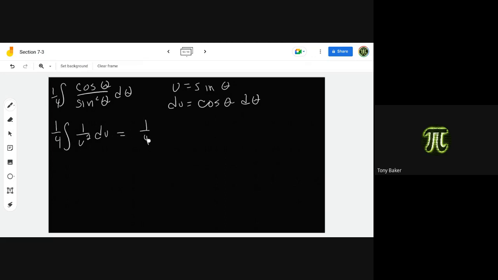So I have 1/4 times negative 1 over u plus c. So I have negative 1 over 4 sine theta plus c.